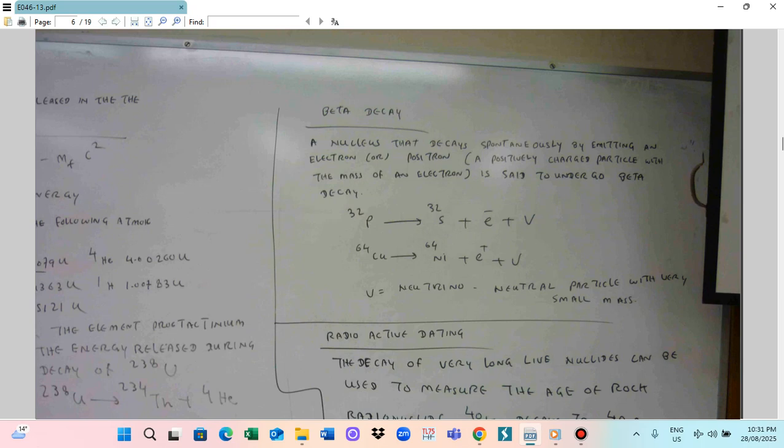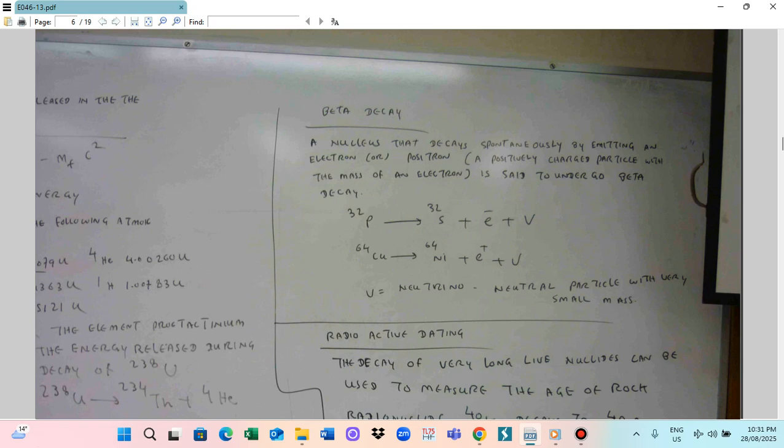This is beta decay. For example, phosphorus. Radioactive phosphorus, P32, has atomic weight 32. When the phosphorus is decaying, it becomes sulfur 32, which has atomic number 16, plus an electron plus a neutrino. V is a neutrino, a neutral particle with very small mass.